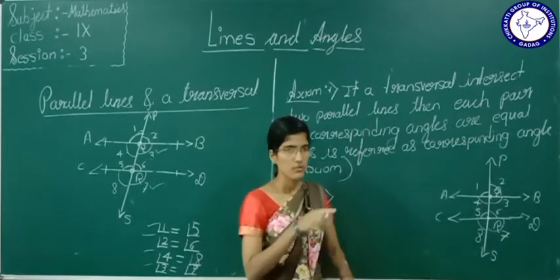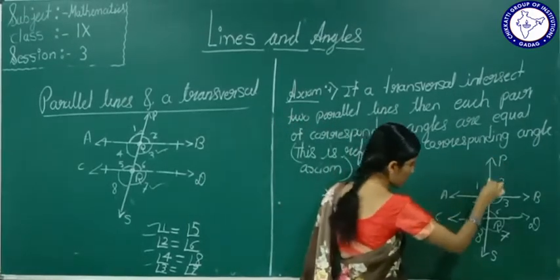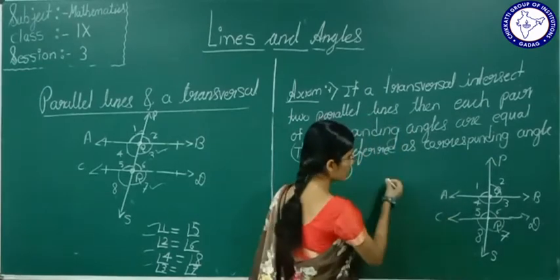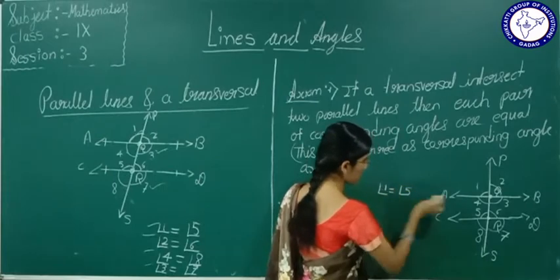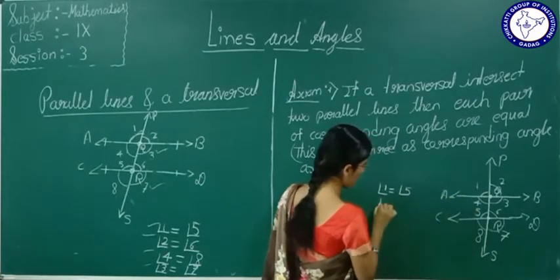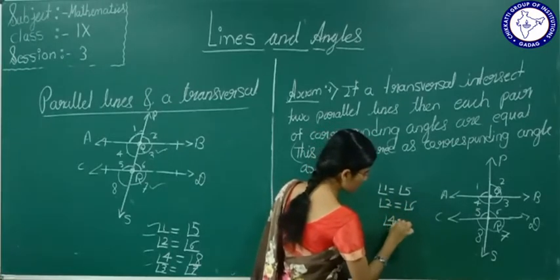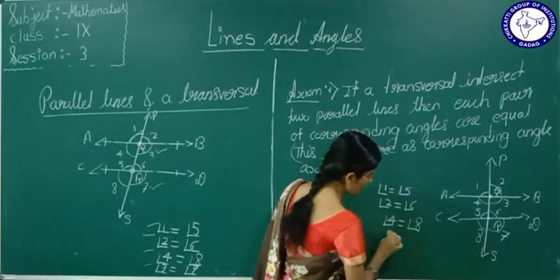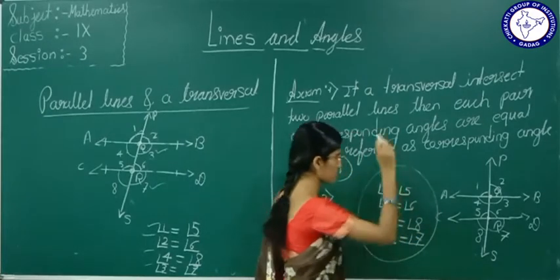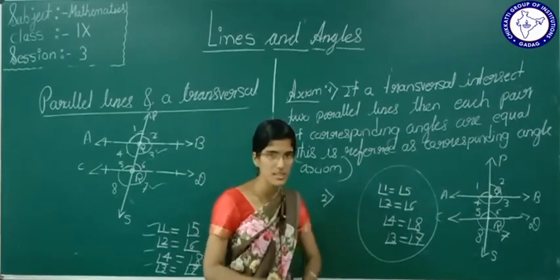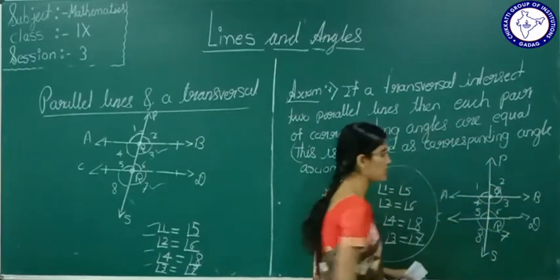If you draw 2 lines and a transversal, and if angle 1 is equal to angle 5, angle 2 is equal to angle 6, angle 4 is equal to angle 8, angle 3 is equal to angle 7, then we can tell that line AB is parallel to line CD.